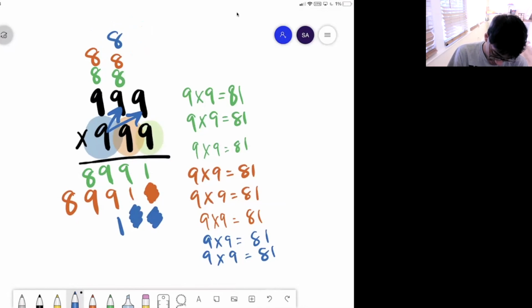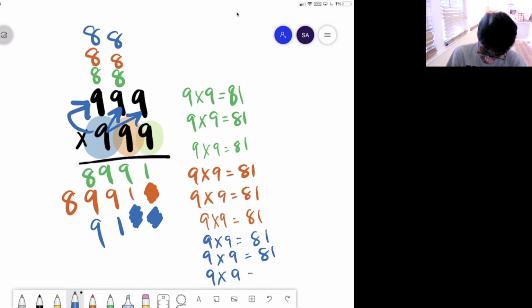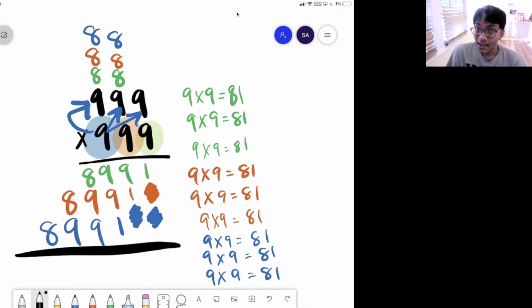That's going to give us 89. But don't forget, this 8 is blocking someone. We've got more multiplication to do. So bring him all the way here. And now let's hop over to the final 9. So 9 times 9 is going to give us 81. Add this 8 to give us 89. Wow, that's a lot of multiplication. Now we can add this up.